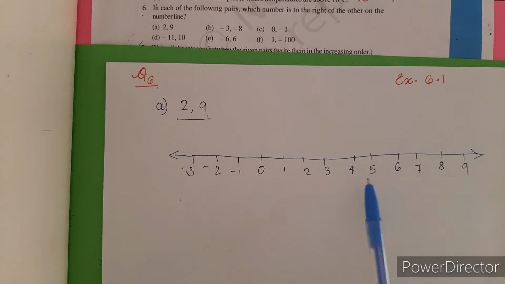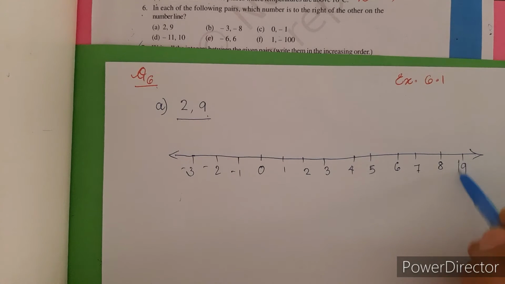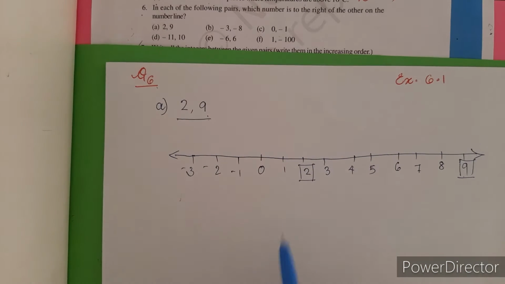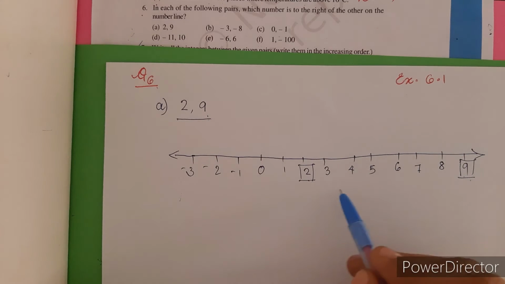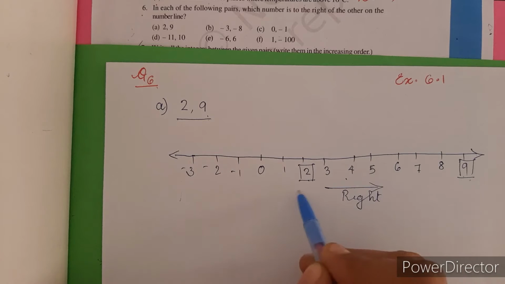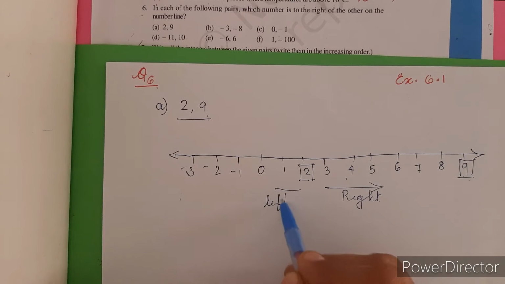So 9 is here, and 2 is here. 9 is the bigger number, so we can see 9 is right to the smaller number, that is 2. The right side of 2 is here and this is left of 2.